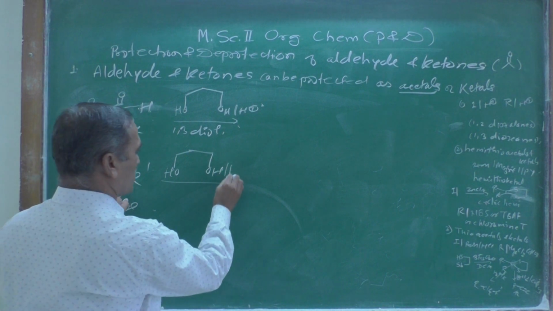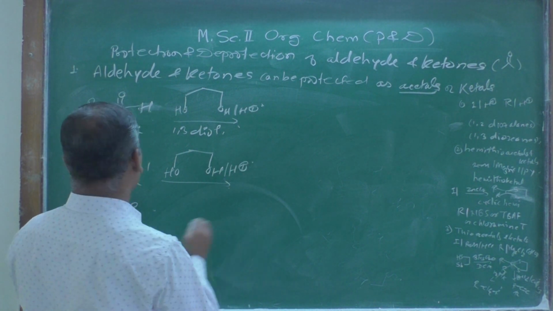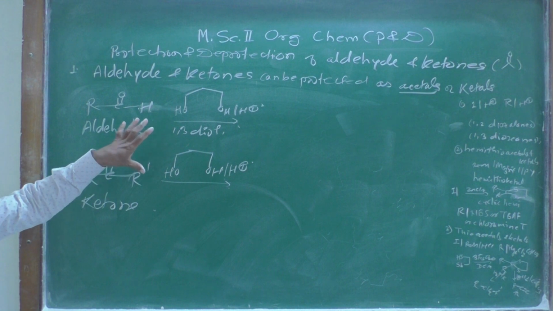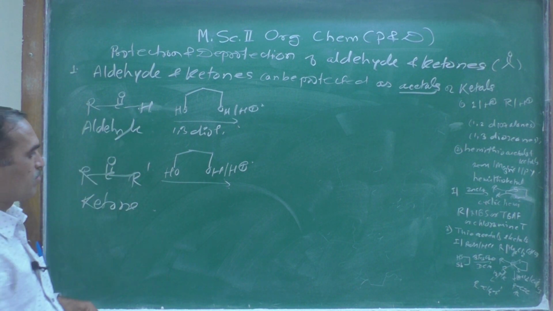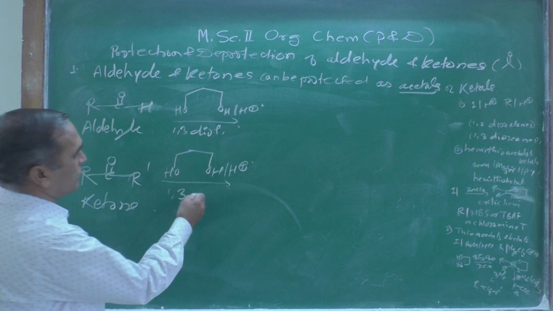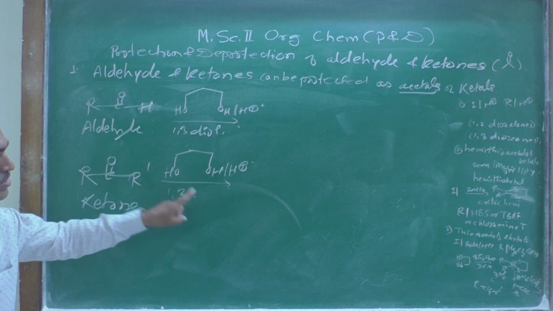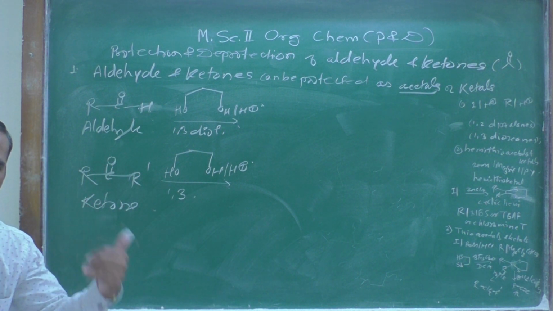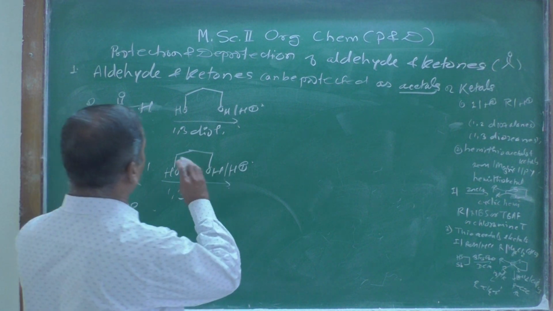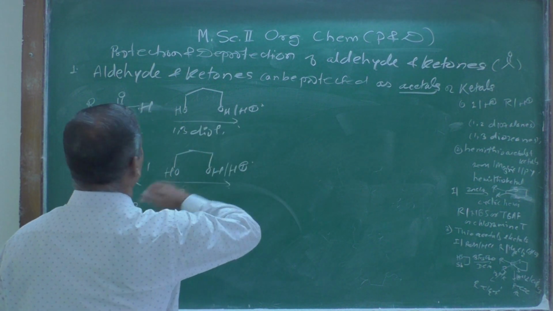Now this also in presence of acid, what do you get here? In the previous case we considered a 1,2-diol. Here we are considering the 1,3-diol. The result is the same, only the position of the hydroxy group is different.